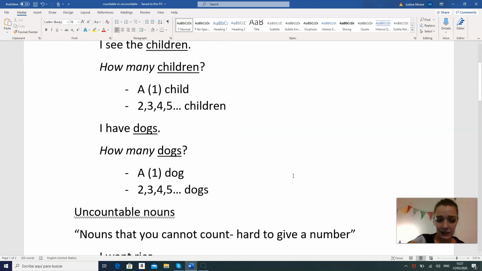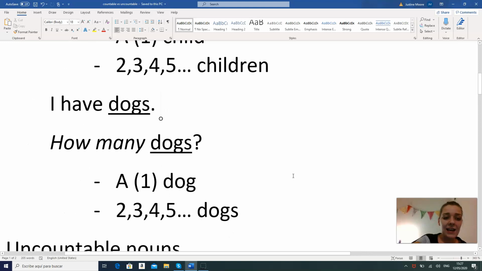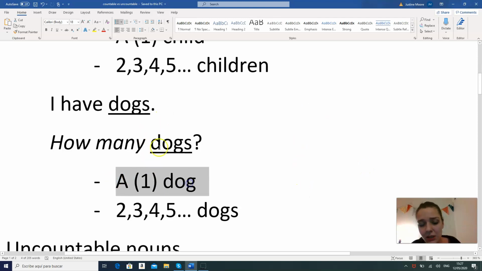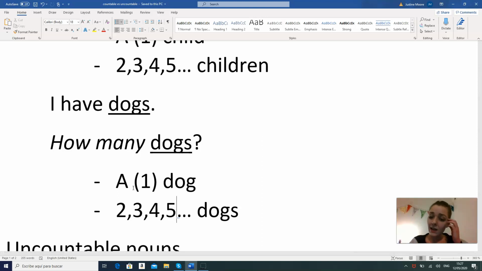Here's a second example. I have dogs. How many dogs? The answer would not be a dog because the sentence would be I have a dog, not dogs with an S. But with how many dogs, you can say a dog, 1 dog, 2 dogs, 3 dogs, 4 dogs. That dog is a countable noun.